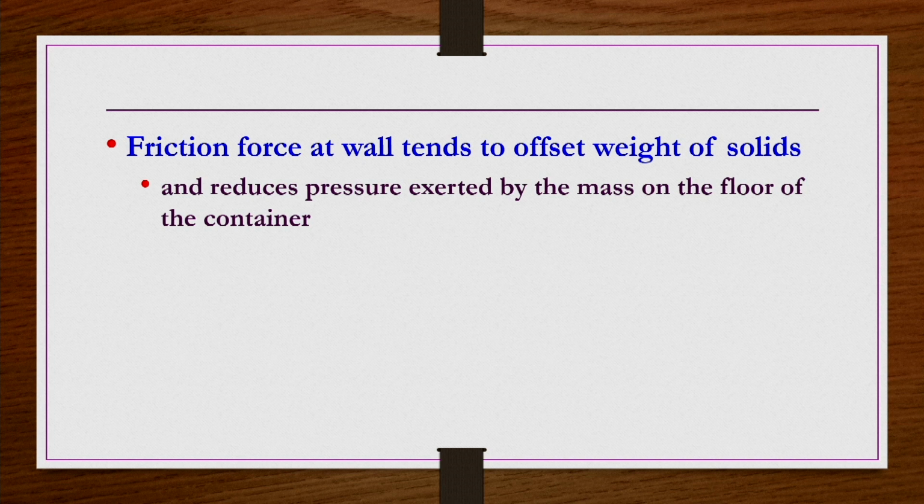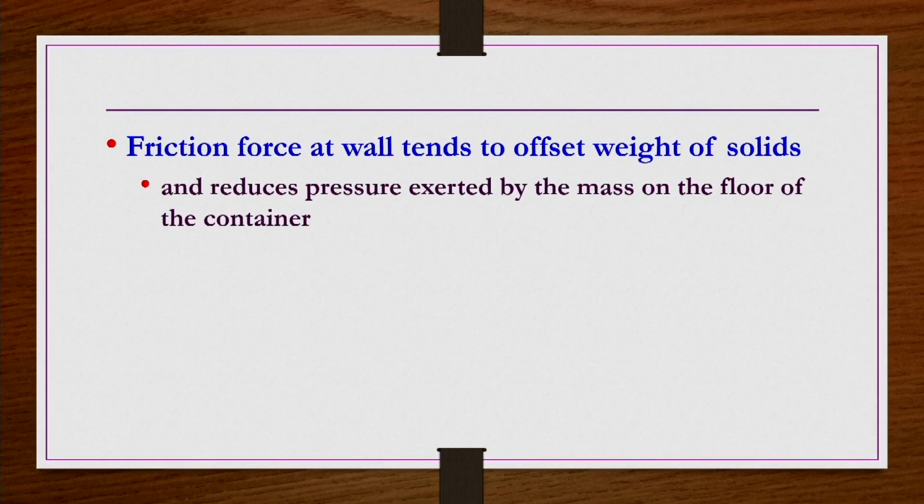The friction between the solid particles and the container wall is experienced throughout the material because of the interlocking, and that offsets some of the weight of the solids. Altogether it reduces the pressure exerted by the solid mass we are pouring on the floor of the container.